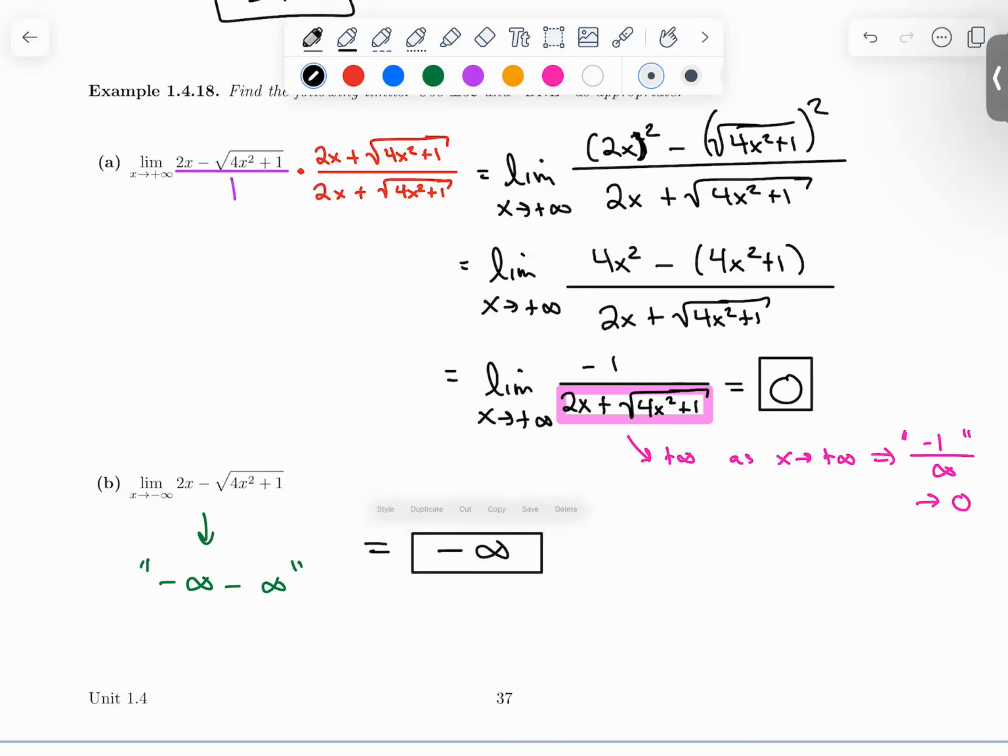And no work needs to be shown. Is that okay? The reason why this one is negative infinity is because 2x is going to go to negative infinity. The square root of 4x squared plus 1 is going to go to positive infinity, but you're subtracting it. So you've got negative infinity minus infinity.